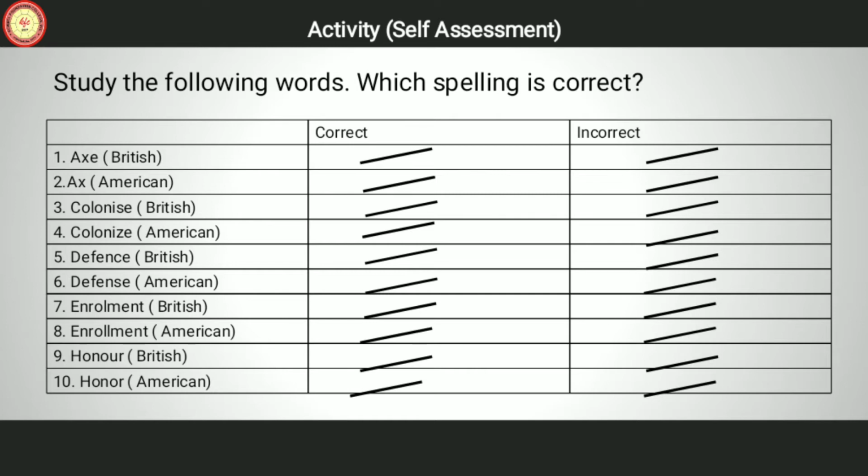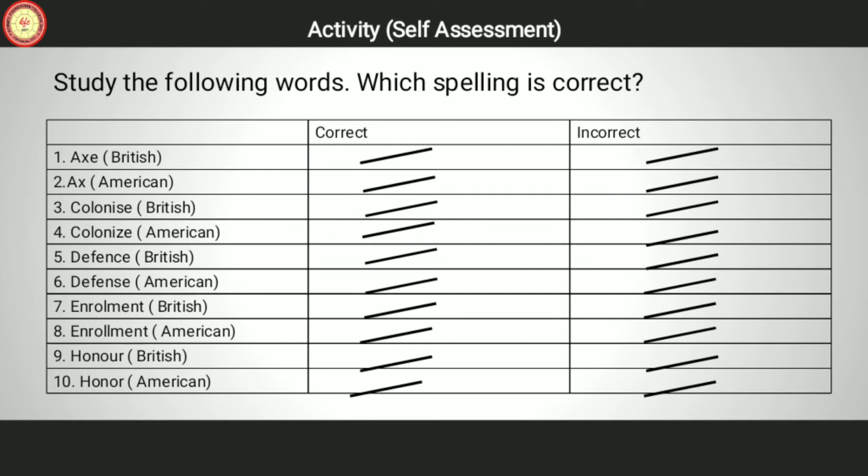So certain spellings formerly used only in American English have now been adapted also into British English. So for example, axe. So there are words in British that end with E, but as you go to American English, it doesn't have E.